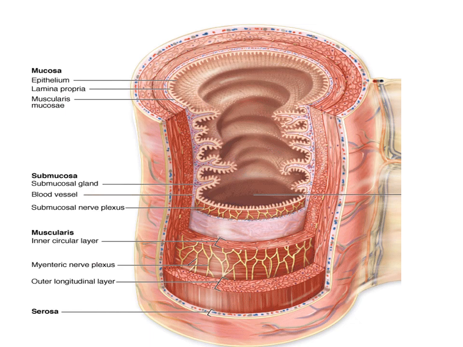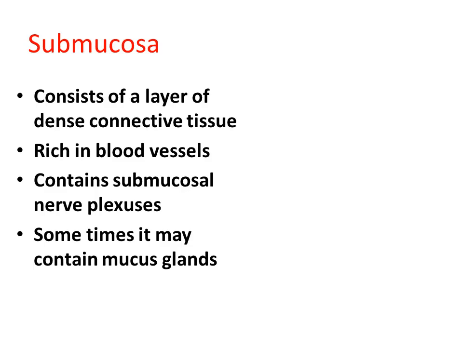As you can see here, this is the mucosa, containing epithelium, lamina propria, and muscularis mucosa. And then you have the submucosa with submucosal glands, and this submucosa always contains blood vessels and nerve plexus. And then the muscularis, inner circular, outer longitudinal, with the mesenteric plexus in between them, and the outermost layer is the serosa.